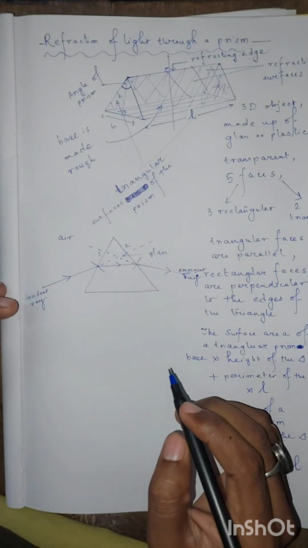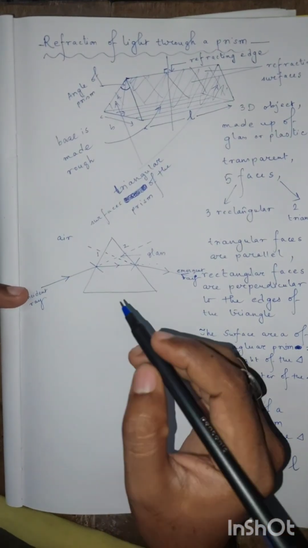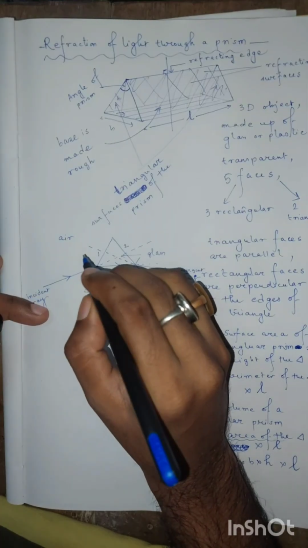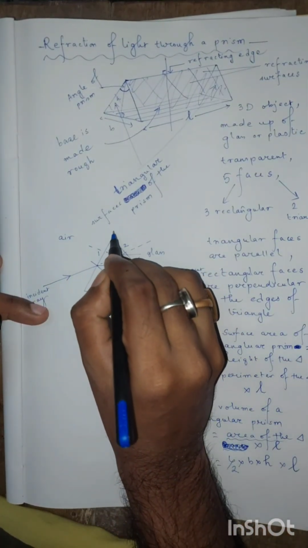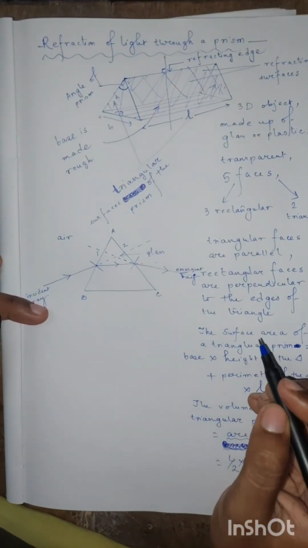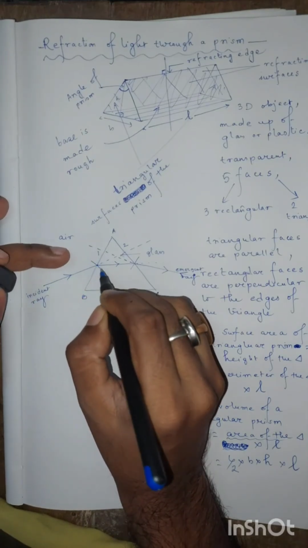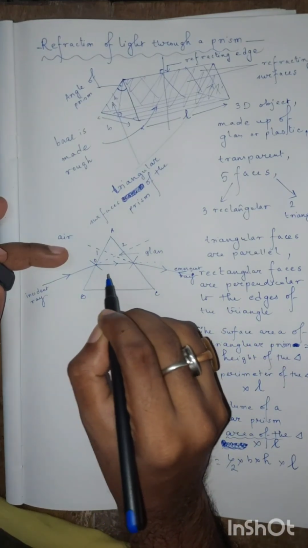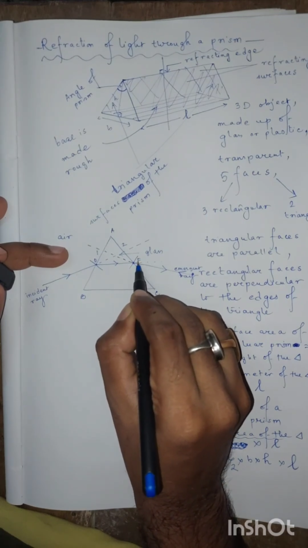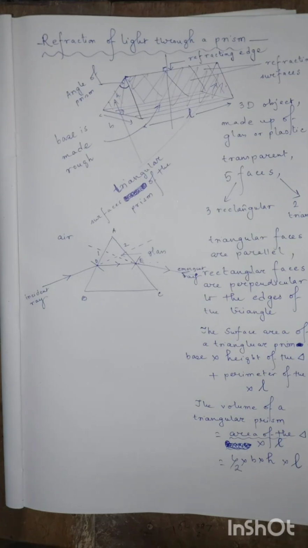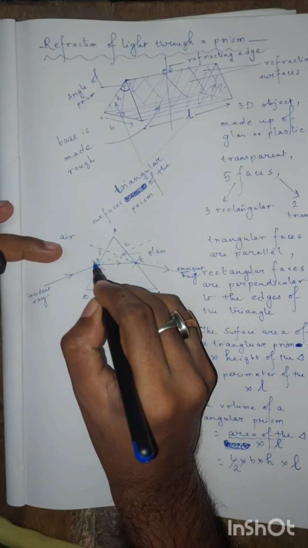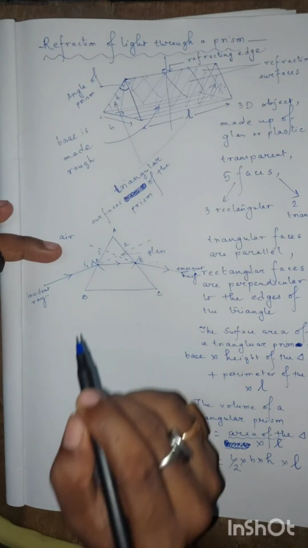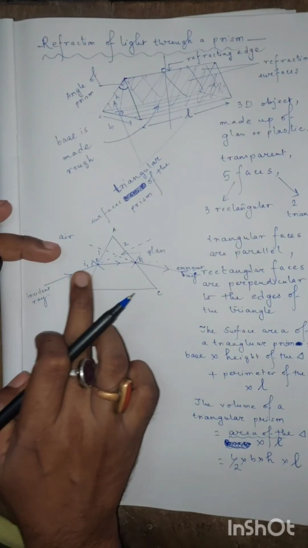Now let us call the prism ABC, and let us call this point D, and let us call this point E. This is our angle of incidence I1 when we are sending the light in the forward direction.